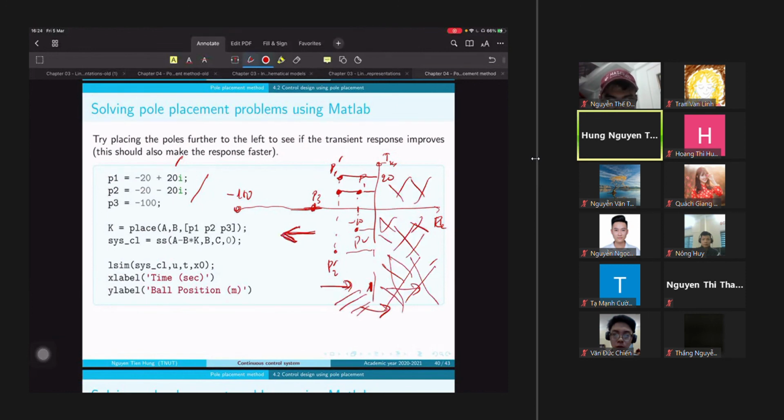But if we move it to the left-hand side too fast, then the system becomes very slow. For example, like this. This is what we expect, but if we move to the left too much, then it is quite slow like this. If you put it to the right like this, then the system could be like this.